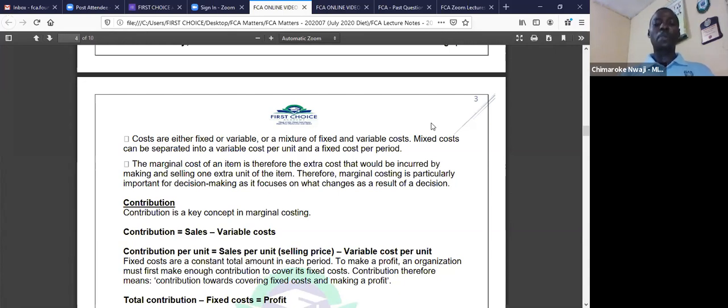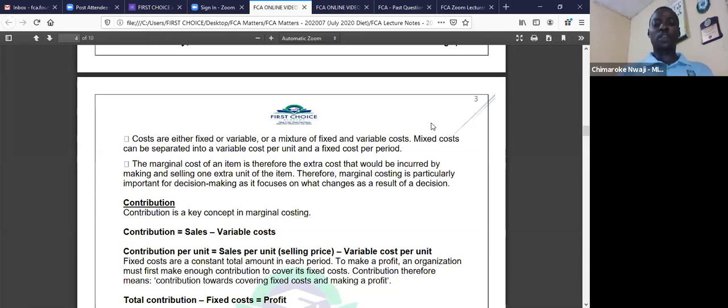And so for you to make a profit, you must sell enough quantity of goods to make enough contribution that will be greater than your fixed cost. So if you make sales of 5 loaves of bread, and you have a fixed cost of 2,000 naira, and what you just sold is only 500 naira, that means your contribution might become maybe 250.